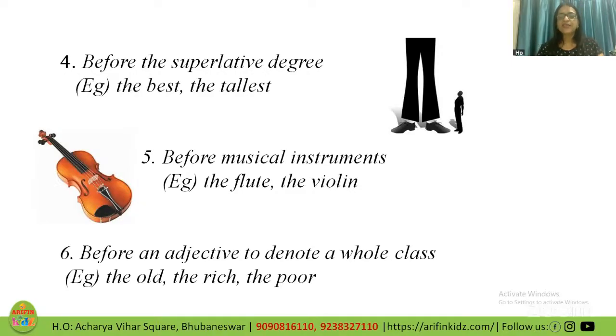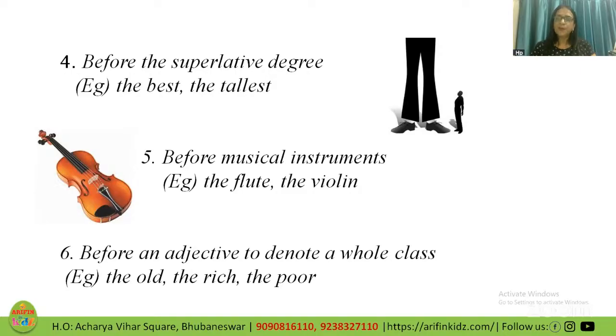Before an adjective to denote a whole class, like a group, the old, the rich, the poor. Here when it says the old, it is not one old person. The old means a class, a group of old people.